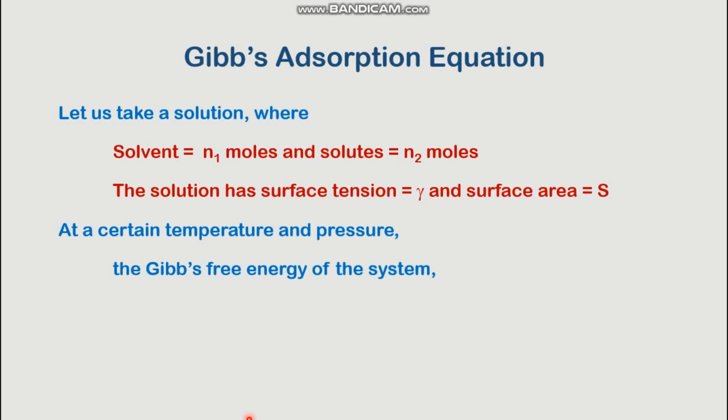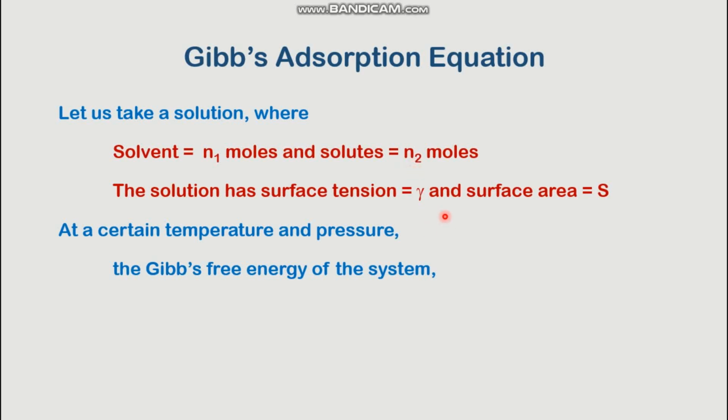Here are three parameters. One is N1 number of moles of solvent. So if solvent has chemical potential mu1, then N1 mu1 is the free energy contribution from the solvent. If mu2 is the chemical potential of the solutes, then N2 mu2 is the contribution from the solute molecules.